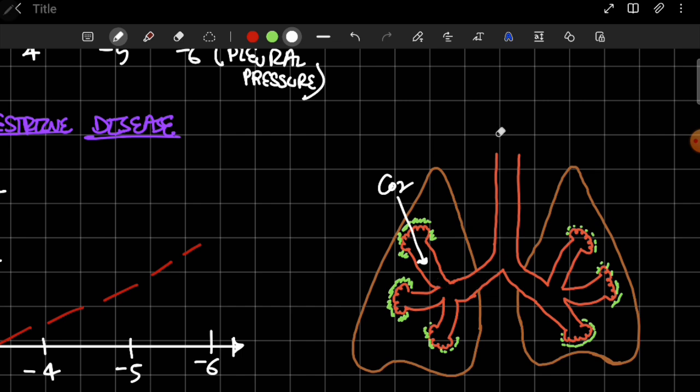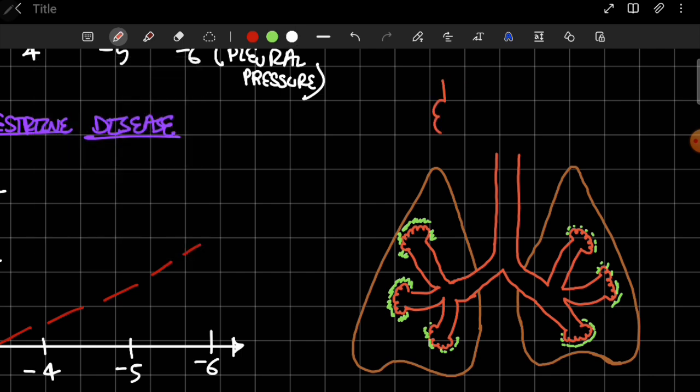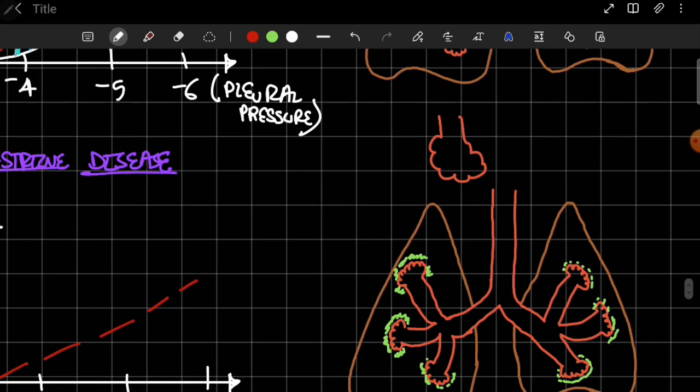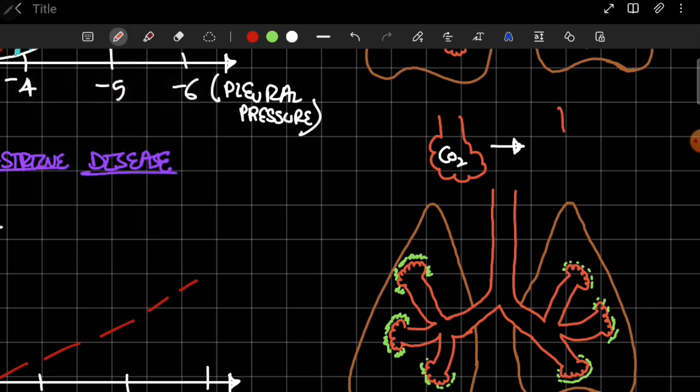If we take a macroscopic view at the alveoli, if CO2 is here in the alveoli, it has to be pumped out. For pumping out, some changes will come in the alveoli, like it will try to deflate itself, and this deflation causes CO2 to go out.